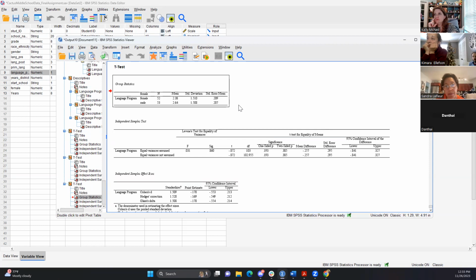But you could go further and ask how many girls are enrolled in ESL versus how many are enrolled in the dual language one, which might need a split file. But if overall there's not much of a difference, there's no reason to go further down, right?